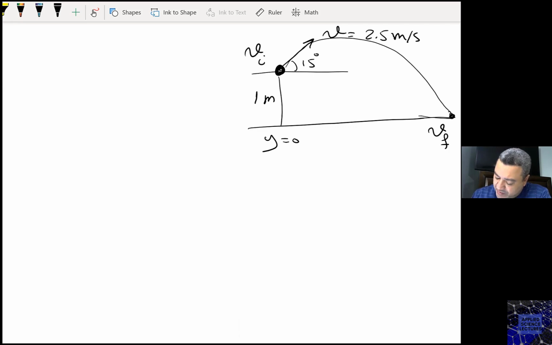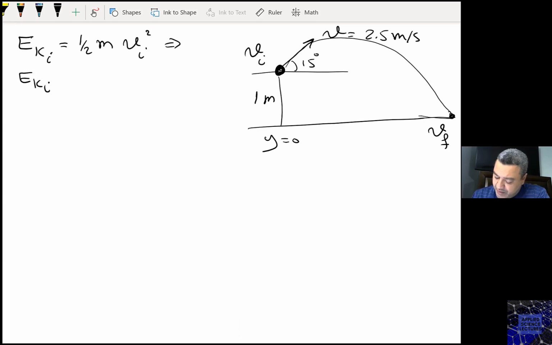So let me start first with the EK initial, which equals half m VI squared.